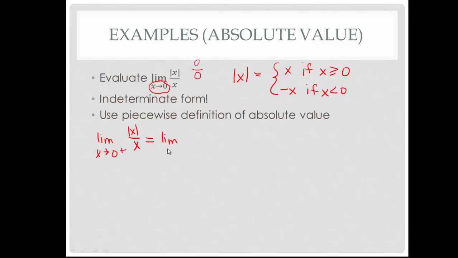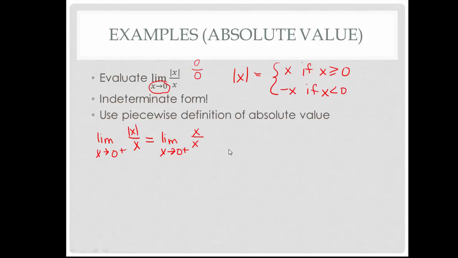Now, when you're looking at the limit as x approaches 0 from the right, that means x is approaching 0 from numbers larger than 0. So which one of these pieces do you use for x values larger than 0? You use the top one. So the absolute value of x is the same thing as x as long as your x was positive to begin with, which it is in this for the right-hand limit.